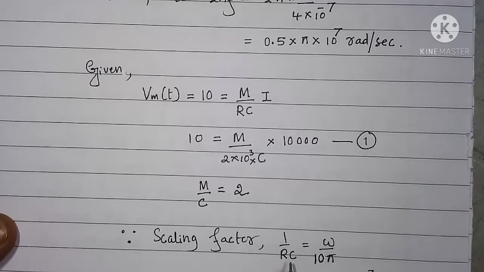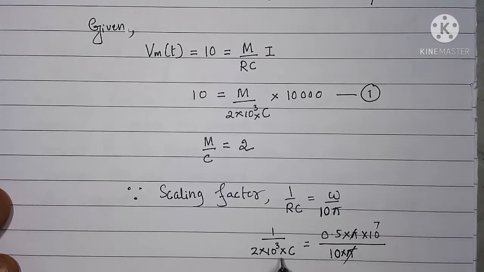Since scaling factor 1 by RC is equal to omega by 10 pi, substituting for R value and omega value and then simplifying, we get 1 by 2 into 10 to the power 3 into C equal to 0.5 into pi into 10 to the power 7 whole divided by 10 into pi.